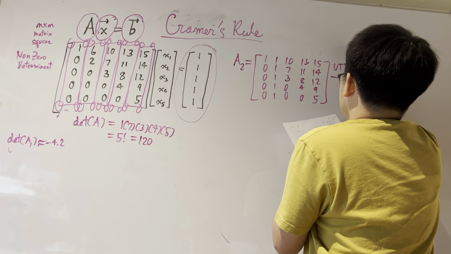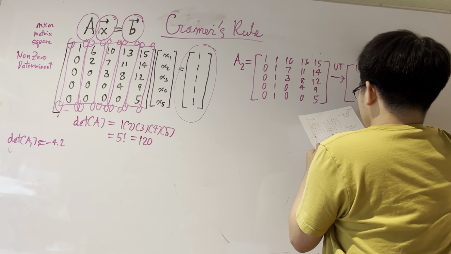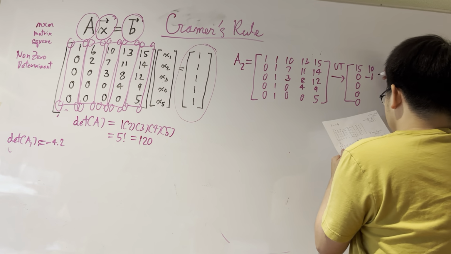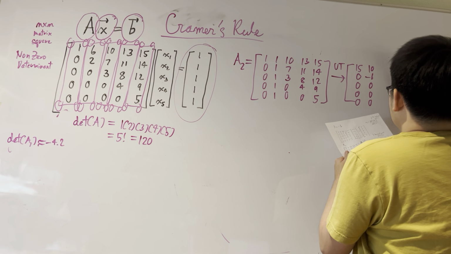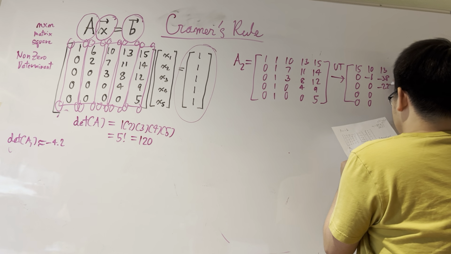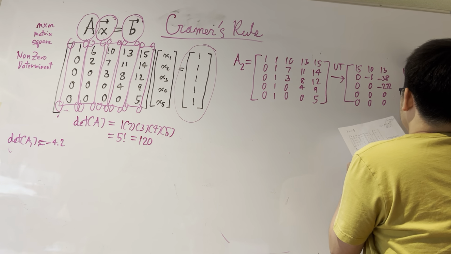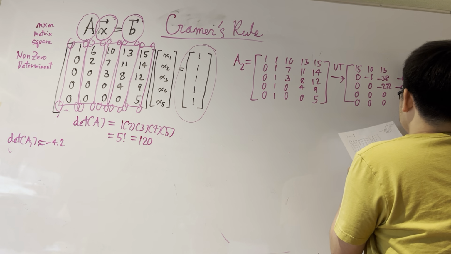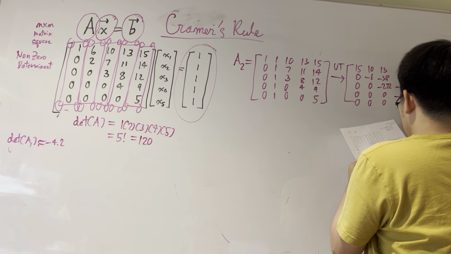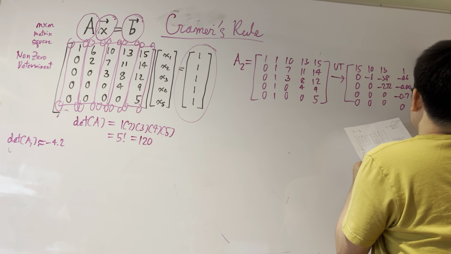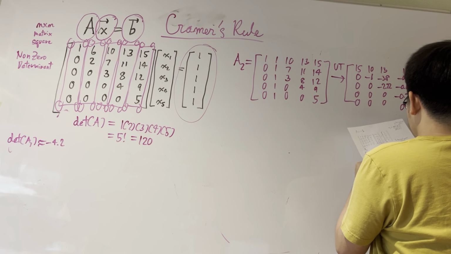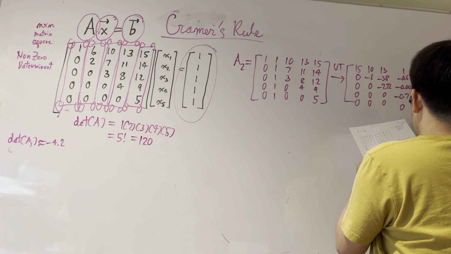That becomes the upper triangular form of 15, 0, 0, 0, 0, 10, minus 6, 0, 0, 0, 13, minus 3.8, minus 2.22, 0, 0, 1, negative 0.6, negative 0.7, 0, 1, 0.4, 0.44, negative 0.02, 0.03.